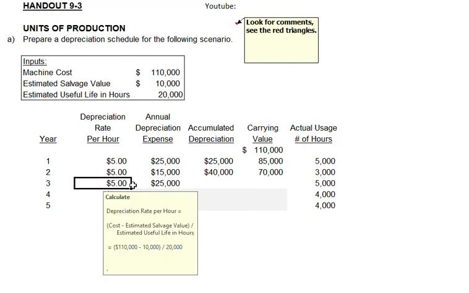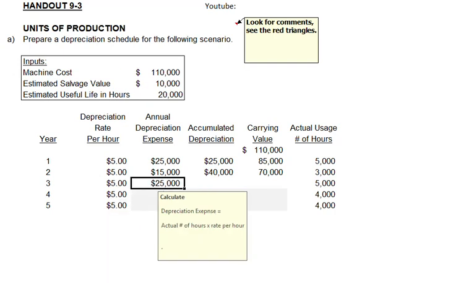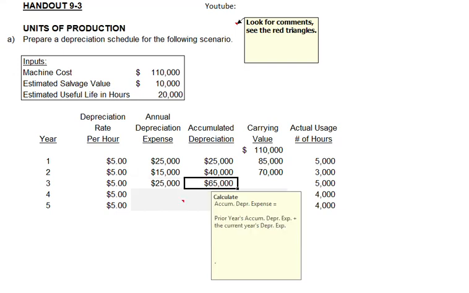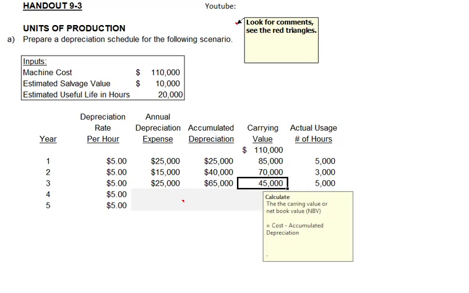So 5,000 times 5 gives us our annual depreciation expense of $25,000. Our accumulated depreciation now is the 40 plus 25 for a total of 65,000. Our net book value is our cost of 110 minus 65, which brings us down to $45,000.